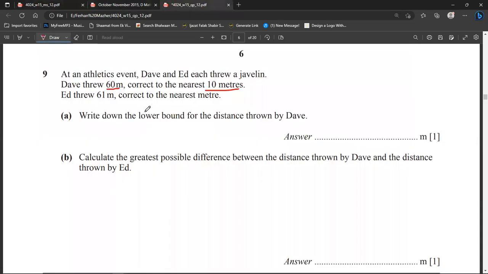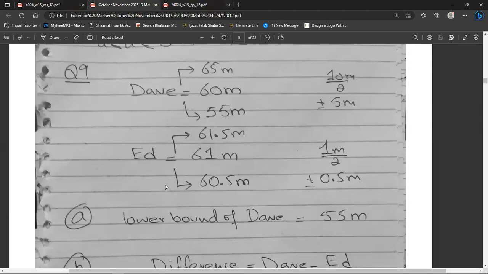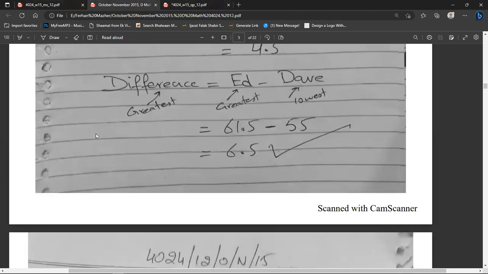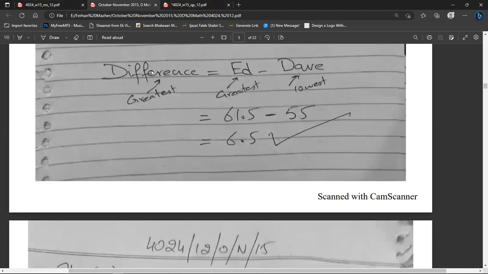And the question is to calculate the greatest possible difference between the distance thrown by Dave and the distance thrown by Ed. So for the greatest difference, the difference will be Ed minus Dave.